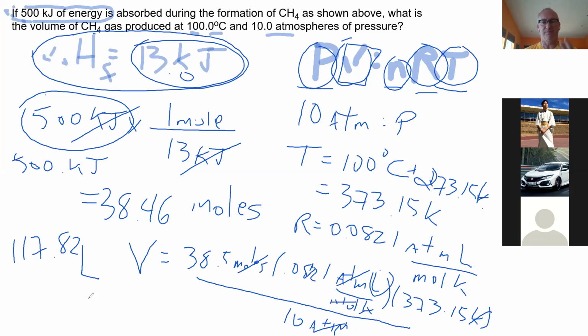There should be 3 significant digits, but I made a mistake here because there's only 1. I thought maybe it would be 2 significant digits because of the 10 and the 13. 10 atmospheres has 3 significant digits. The 13 only had 2, but we should have reported that number as 13.0.